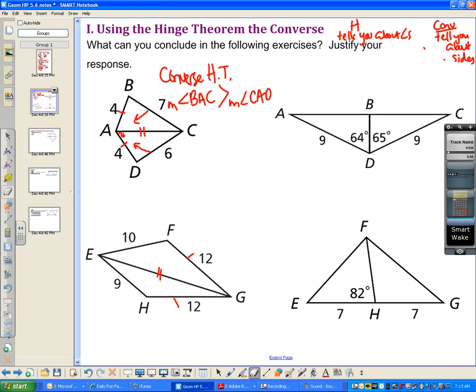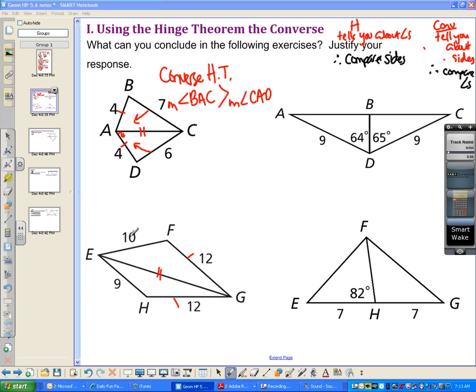So for the hinge, if they tell you about the angles, therefore you can conclude about the sides. You can compare sides. And for the converse, if they tell you about the sides, therefore you can compare angles. Okay, cool. Maybe that'll help you guys out a little bit.